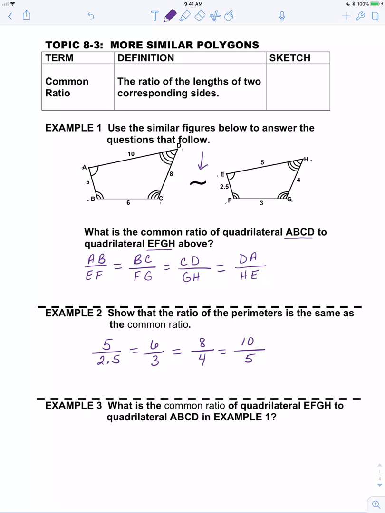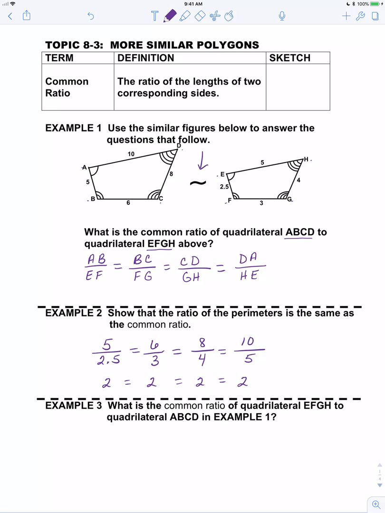Okay, so if we go on our calculators or in our heads, 5 divided by 2.5, we're going to see that that ratio is 2. 6 divided by 3 is 2. 8 divided by 4 is 2. And 10 divided by 5 is 2.